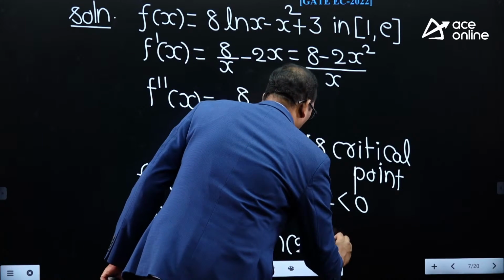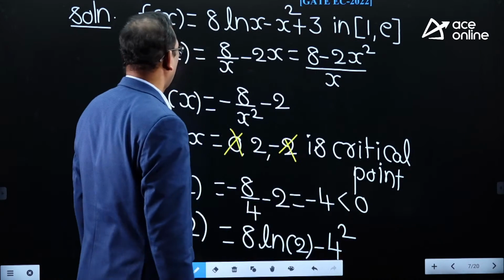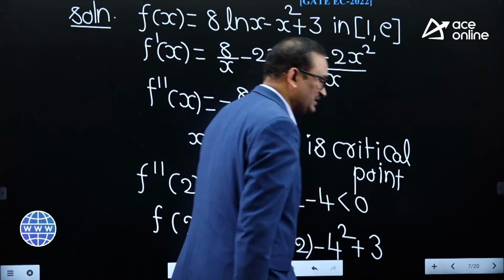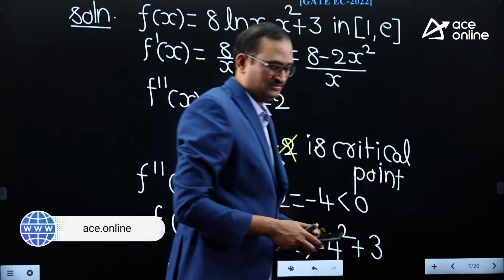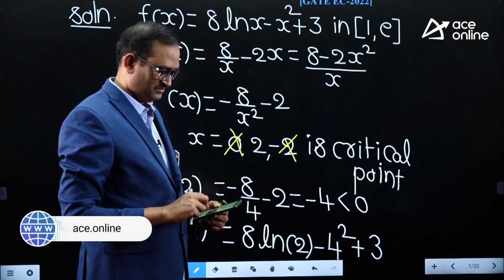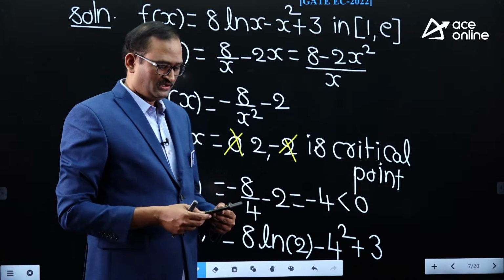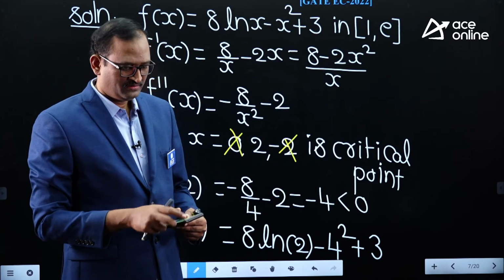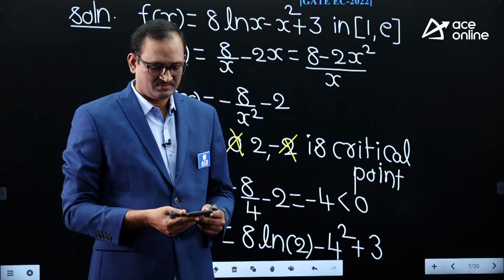minus 2 square 4 plus 3. So can you please tell me what is its value?